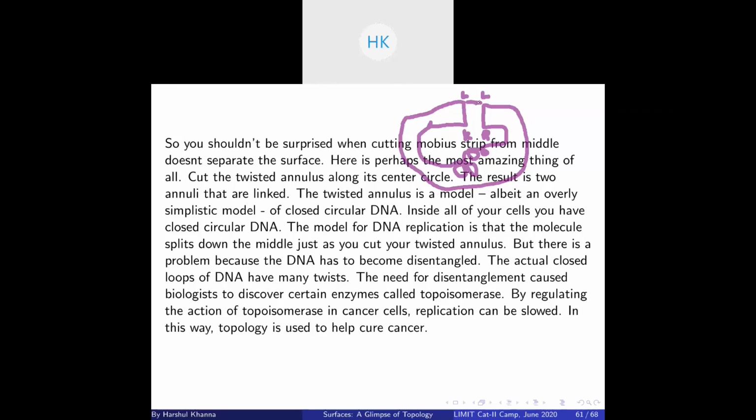But suppose you give it an odd number of half twists, so your left will be mapped to right and your right will be mapped to the left. So you can explain using this why, with an odd number of half twists, you have a surface which has only one boundary. Let me redraw.